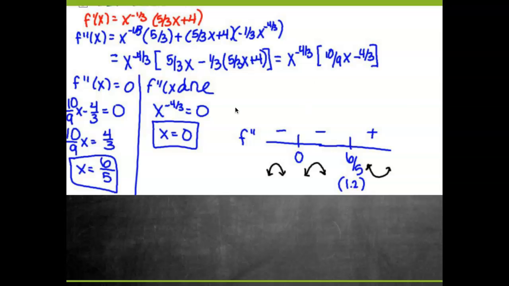So cusps look like the little winged birds that are like your graphs. So it should make sense to us that there isn't a concavity change at a cusp. It's just that point of non-differentiability. So the graph is kind of like going in and then coming back up without changing concavity. And then it does change concavity at 6/5.